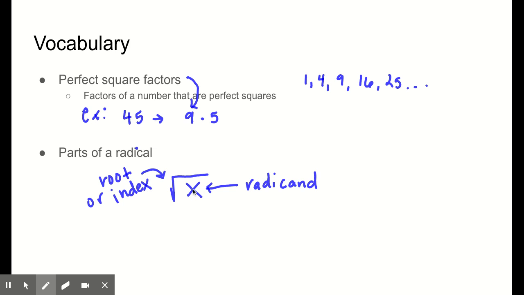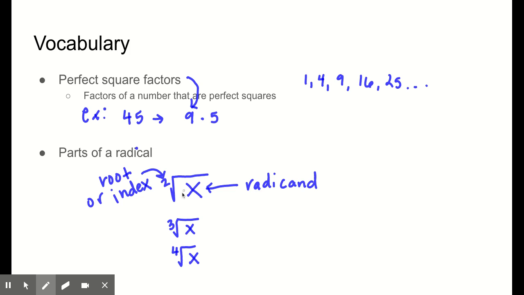Now, the thing about a square root is that the root or index is an implied 2. So whenever you don't see a number written out in front of the radical, we know that this number here is an invisible 2. But you could also see a cube root, which would look like this, or a fourth root, which would look like this, etc., etc.